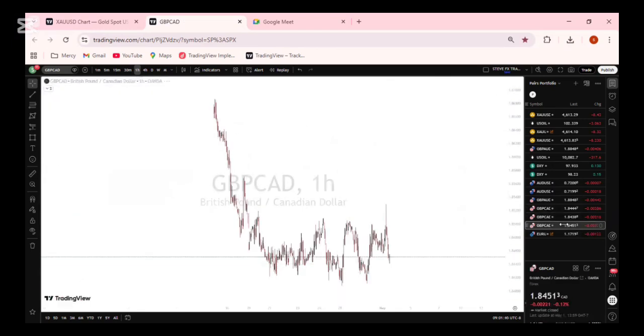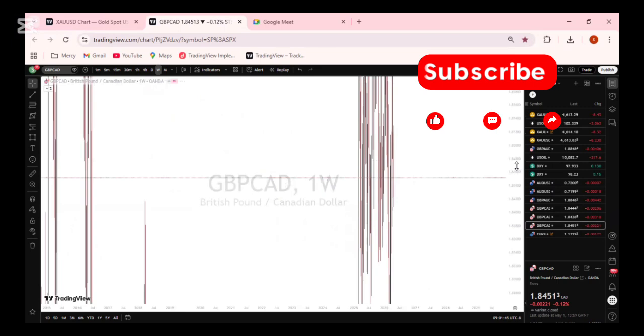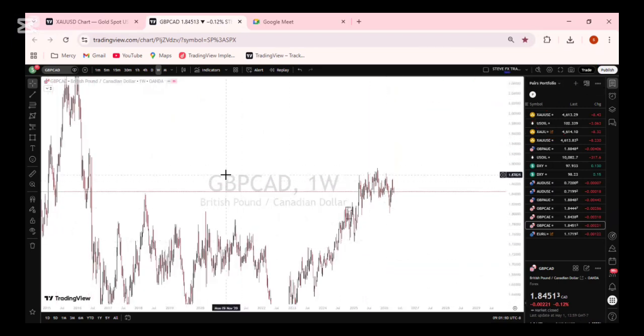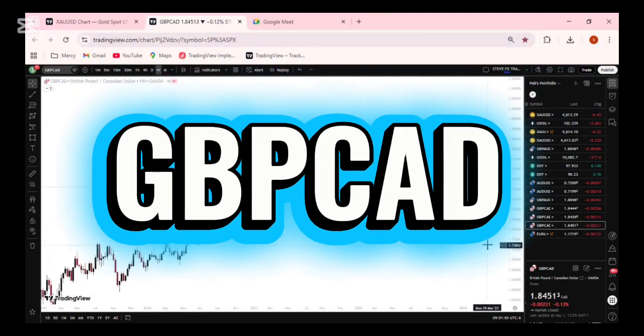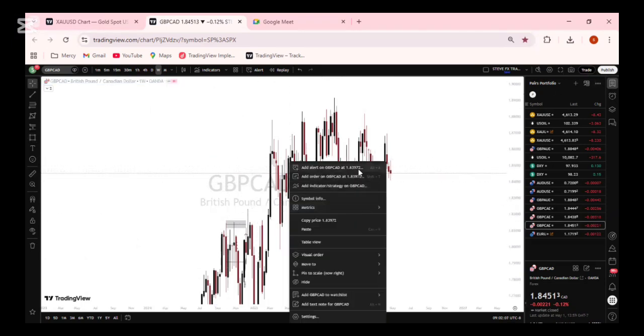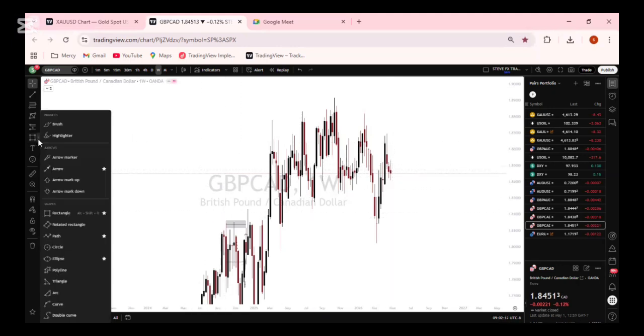Also, let's take a look at GBP CAD. So looking at GBP CAD, same thing, we had a very, very bullish market, and then we started seeing a reversal from here.